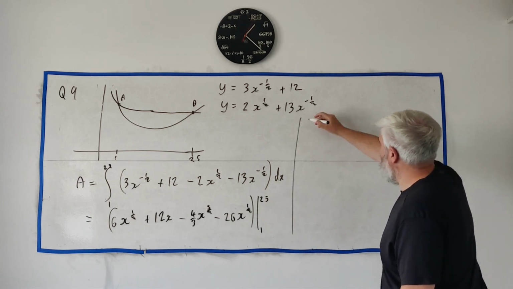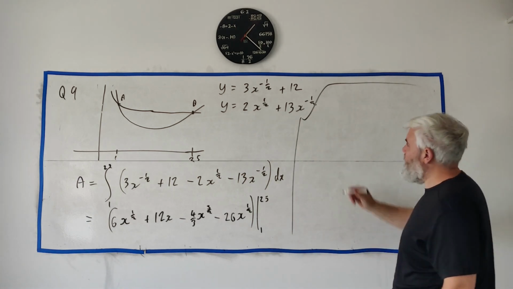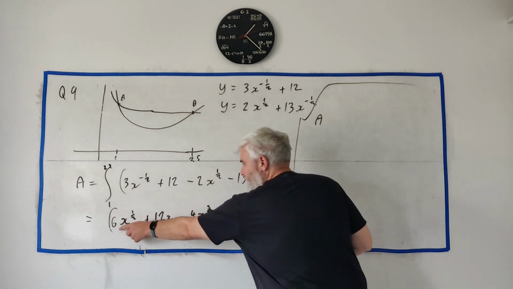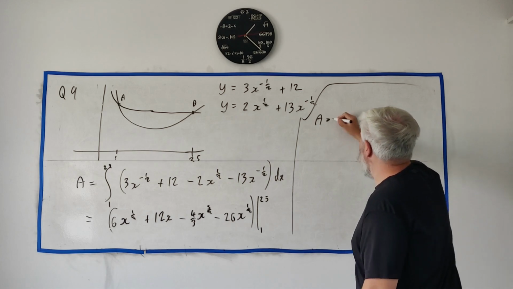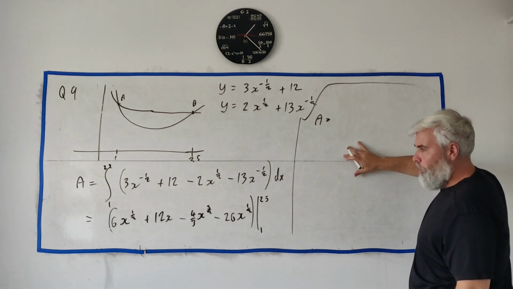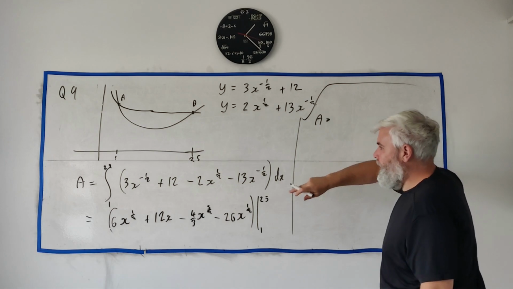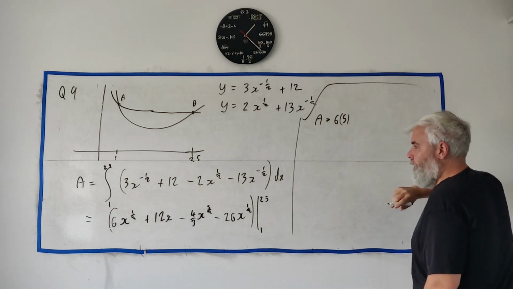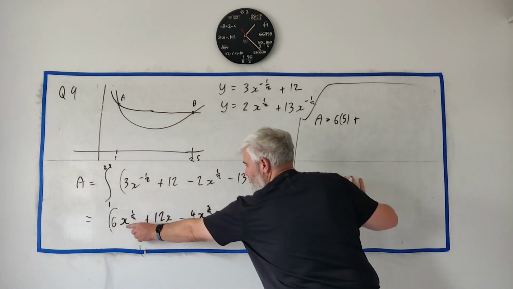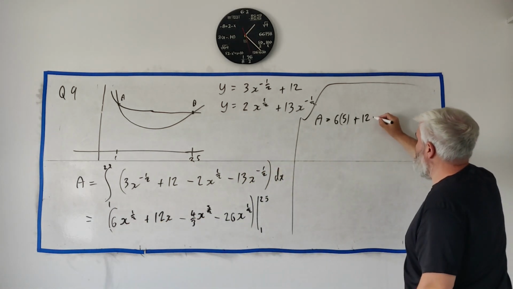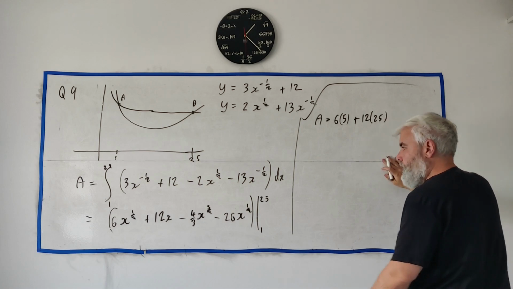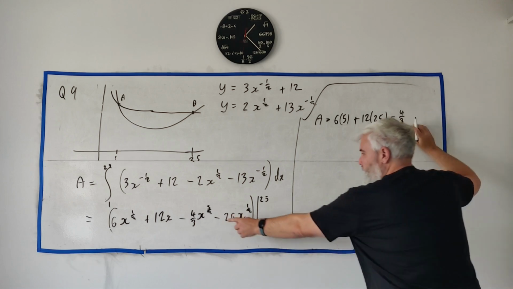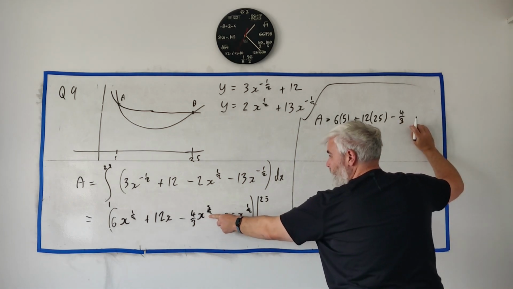Let's do that up here somewhere. So this area is equal to, we put 25 in everywhere. I'm going to have to take 2 rows to do this. We put in 25: 6 times 5, plus 12 times 25, minus 4 over 3 times 25 to the power of 3 over 2.